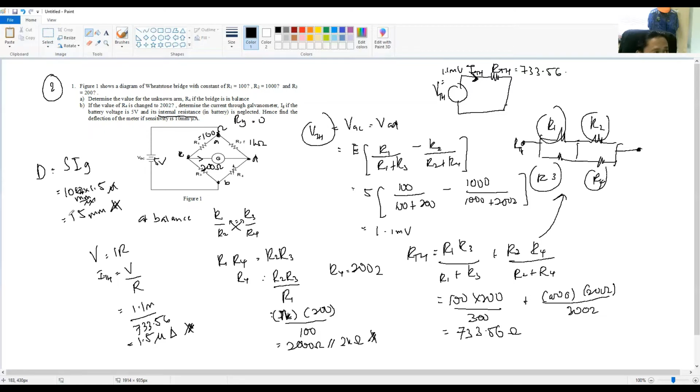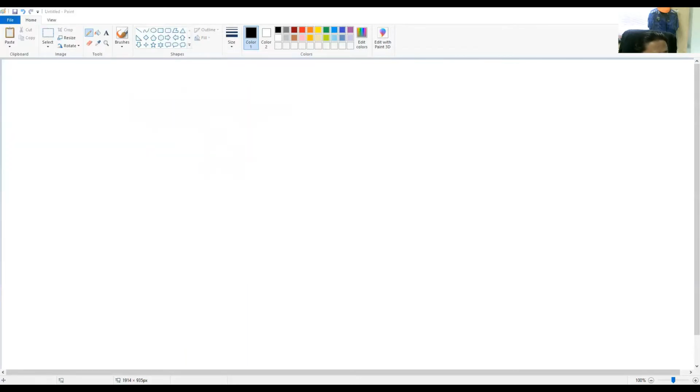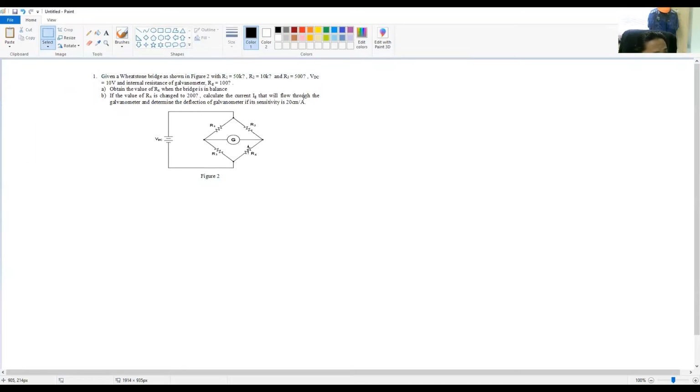Next we go for question number 3. Given the Wheatstone bridge as shown in figure 2, R1 is equal to 50K, R2 is 10K, R3 is 500 ohm, VDC equals 10 volts, and the internal resistance of the galvanometer RG is 100 ohms.